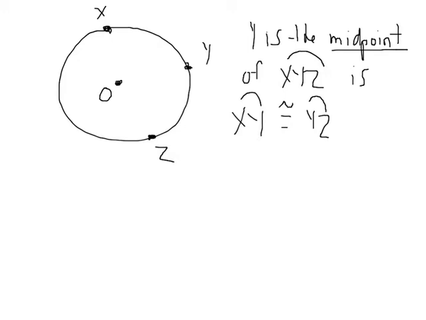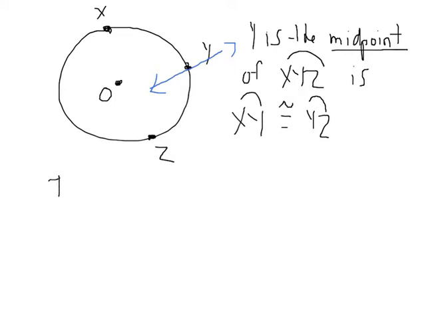And we can talk about any lines, segments, or rays that contain point Y. We can talk about them bisecting arc X, Y, Z. For example, if I drew a line through point Y, we would say that that line bisects arc X, Y, Z. Now, let's see if this undoes it. Oh, I can't undo that blue line now. But that's all right. Moving on.